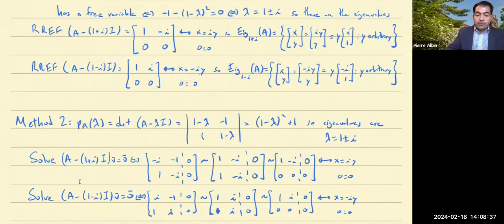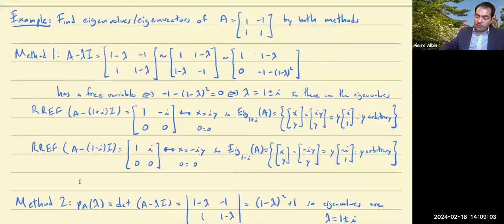Okay, so the advantage of the second method is that I found the eigenvalues right away. And so then when I went to solve these equations, I never had to worry about lambdas here. The disadvantage is that I had to do the row operations for this eigenvalue, and then I had to do the row operations for this eigenvalue.